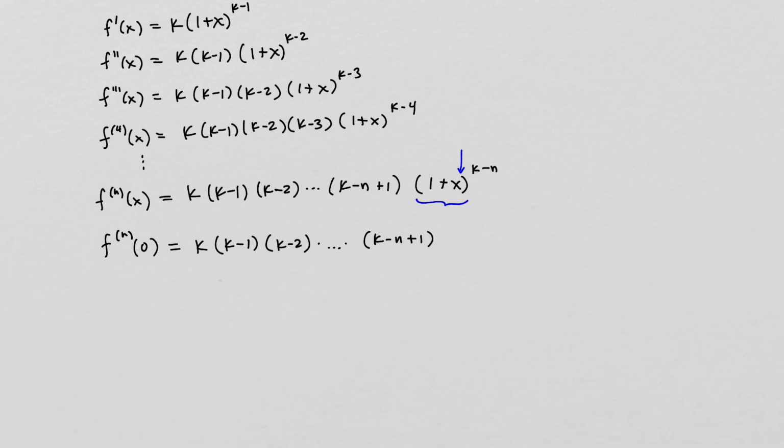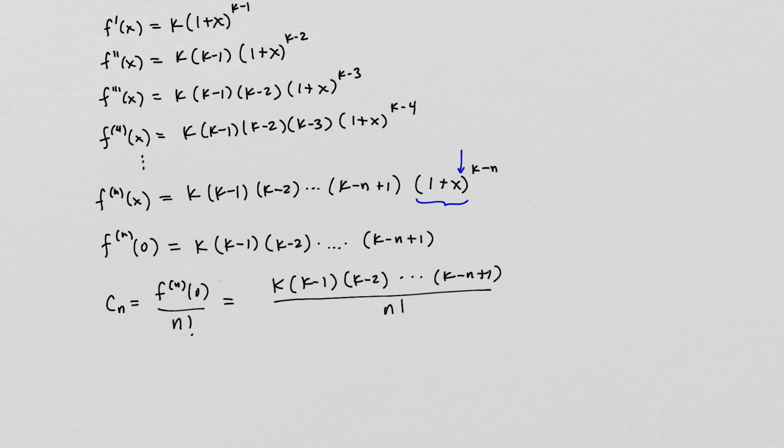All right, so what are the cn's going to be? Remember, your cn's are defined to be the nth derivative at 0 divided by n factorial. And so in this case, it's going to look like this. And that's as simple as it's going to get.